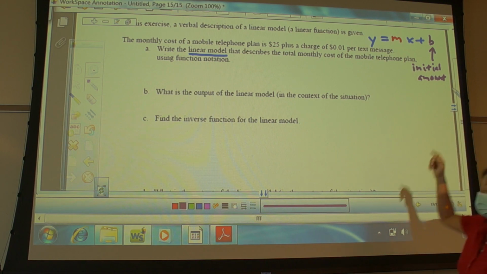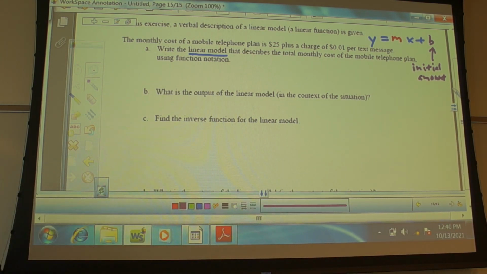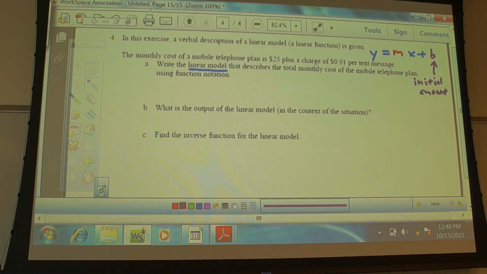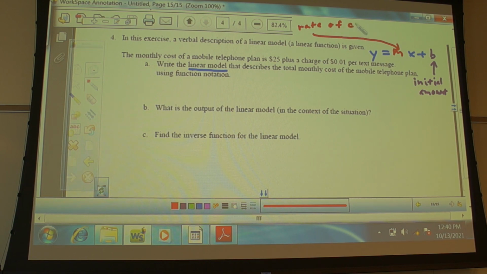And then m is my slope, but what does that mean in terms of a word problem? The per. Yeah, the rate of change. Exactly. My rate of change, my, in quotes, my per.